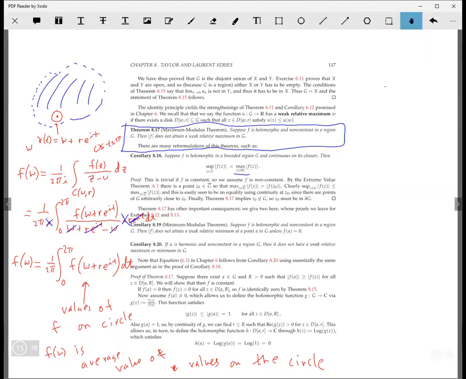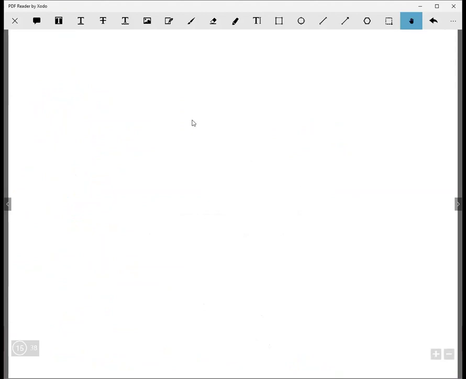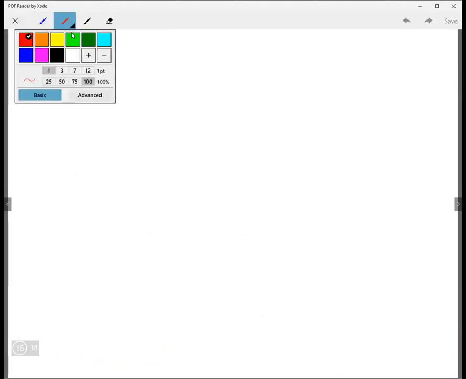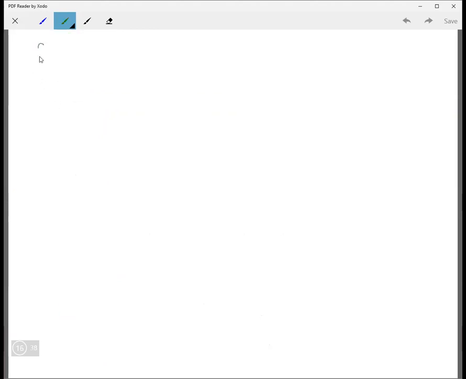That's kind of a justification for the maximum modulus principle. Now, let me give you an example. So, for example, we're going to take f of z equals z squared plus 3z. Okay, and so let's say that we were supposed to find the maximum.